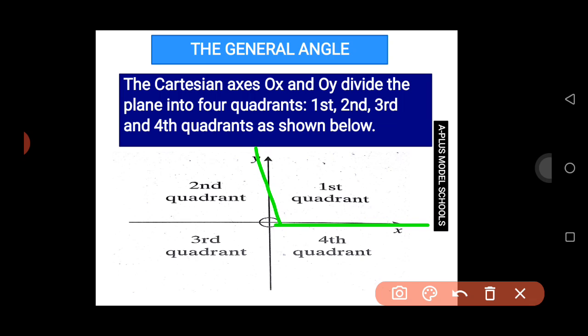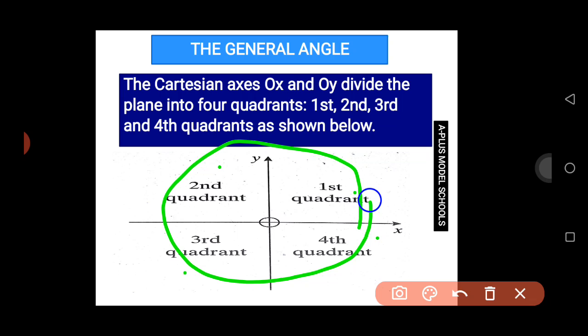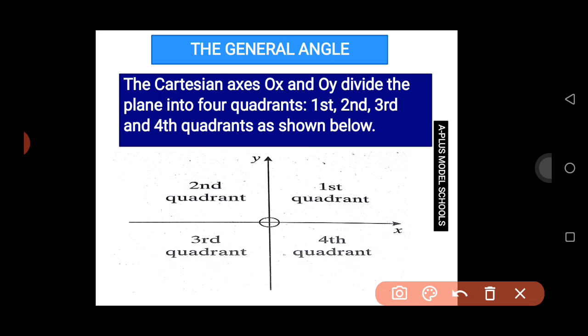You will see it gives you a right angle, and it divides this into 4 equal parts, where we have the first quadrant, the second quadrant, the third quadrant, and the fourth quadrant. This angle is read in an anti-clockwise direction. So this is the first quadrant, the second quadrant, the third quadrant, and the fourth quadrant.